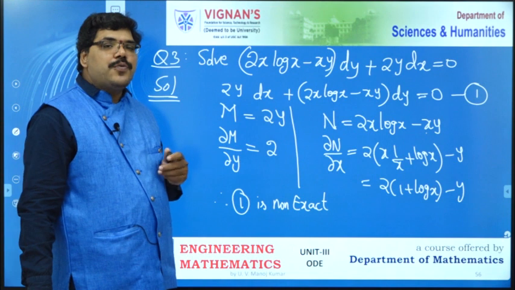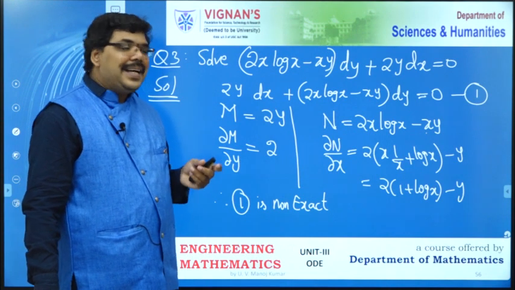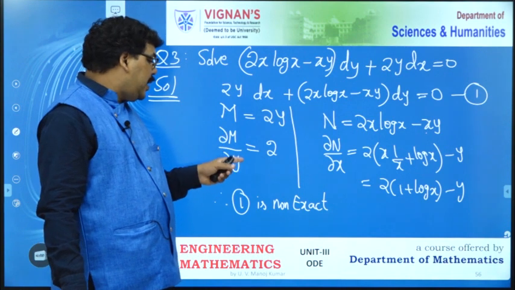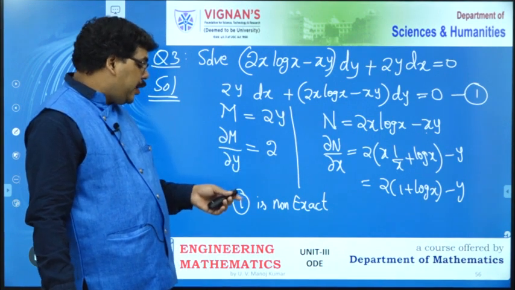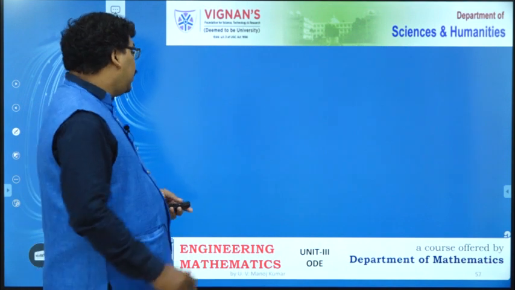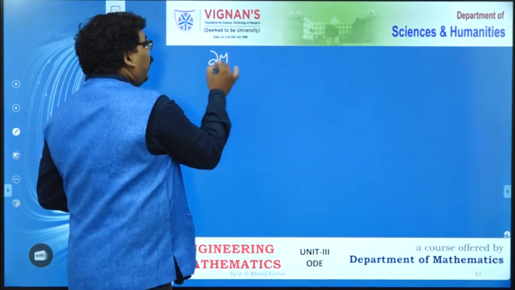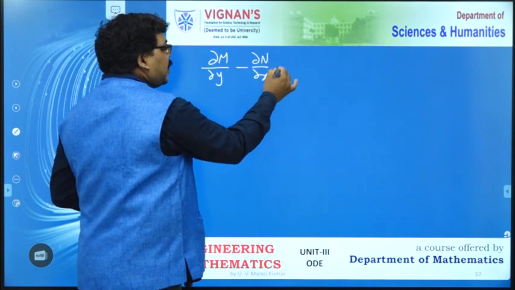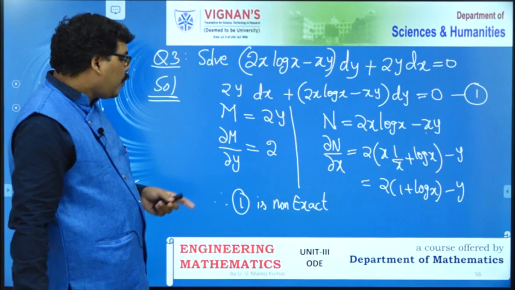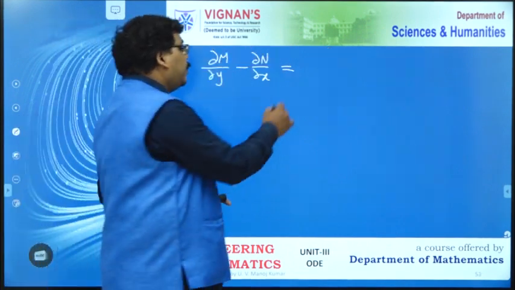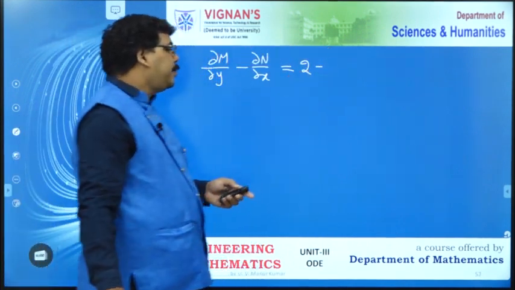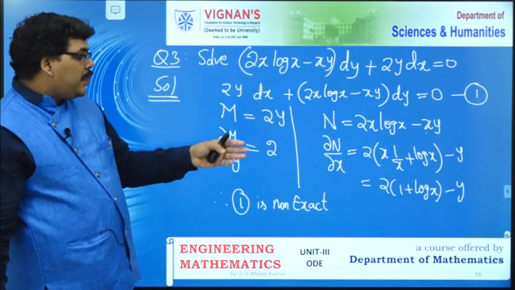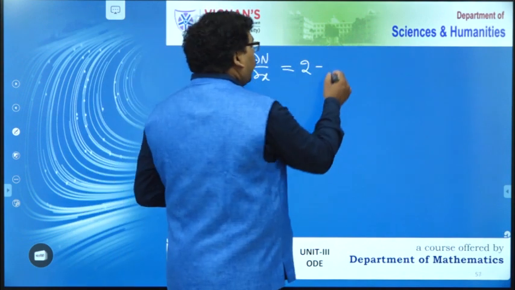So in case 3 and in case 4, what are we doing? We are finding the difference between the derivatives. What is the difference between dou m by dou y and dou n by dou x? Let us calculate. Dou m by dou y minus dou n by dou x equals to 2 minus the entire dou n by dou x, 2 into 1 plus log x minus y.